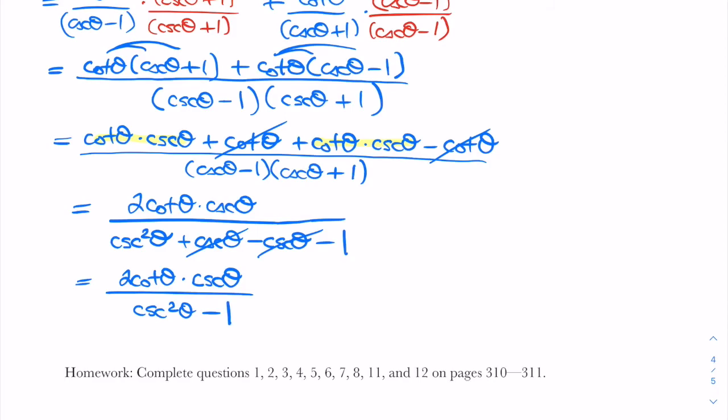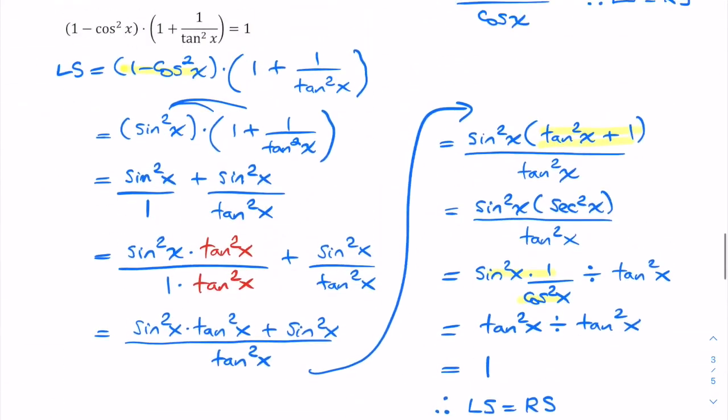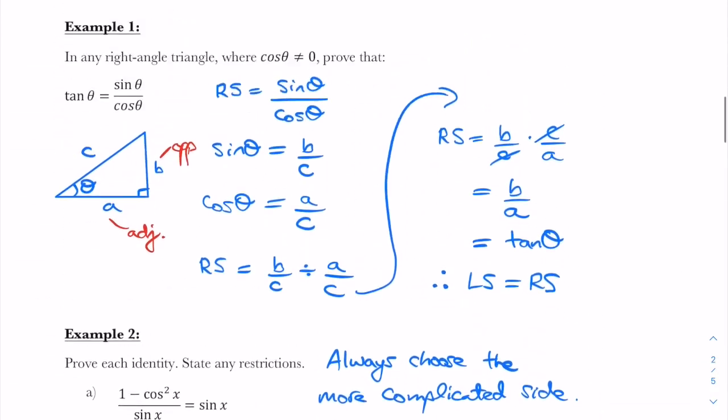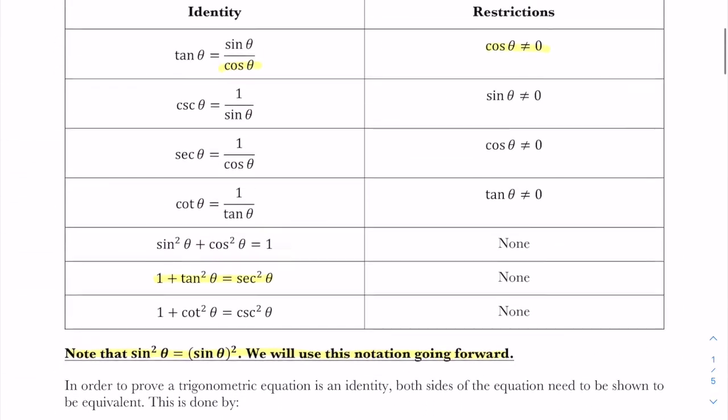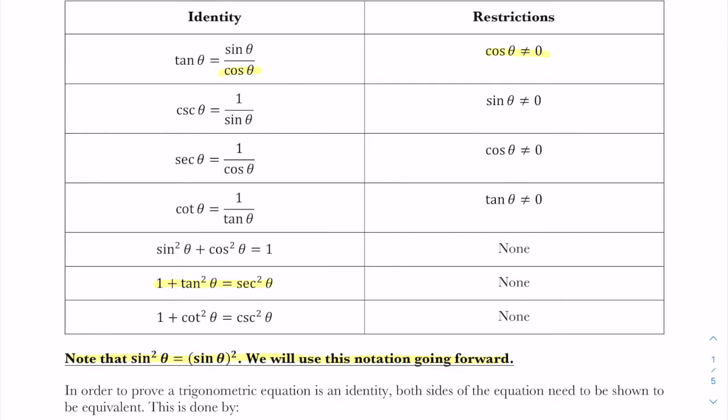We are almost there. Where have you seen cosecant squared theta minus 1 before? Let's go to the very first page for one moment. And if you look at the very last identity, if you bring the 1 to the right-hand side, you get cosecant squared theta minus 1, which is equivalent to cotangent squared theta.